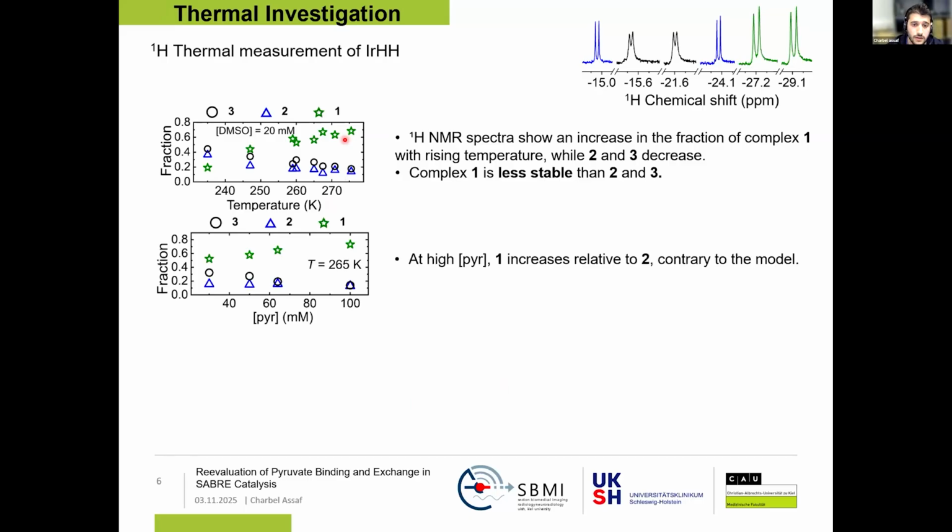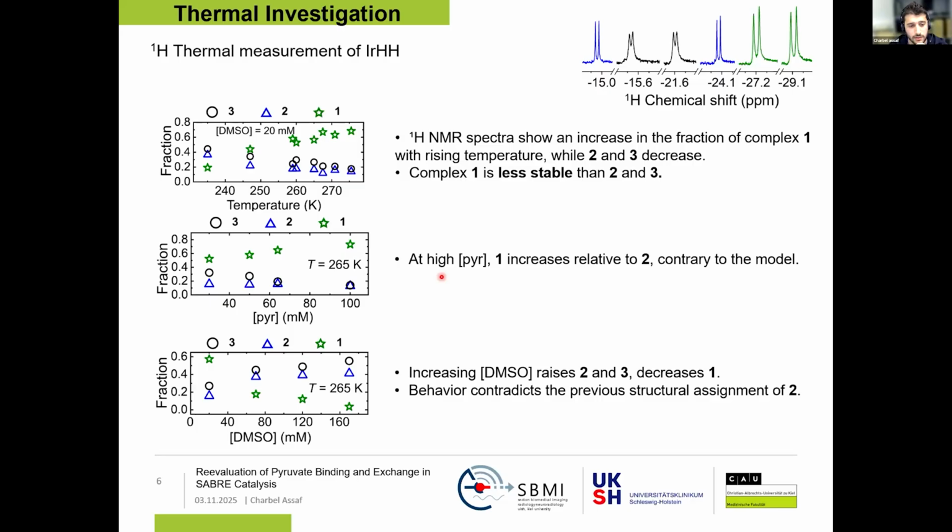Also, we increased the pyruvate concentration in the sample, and we see complex 1 increasingly dominating, which contradicts the model, because if complex 1 and 2 both have bound pyruvate, they should somehow increase together.